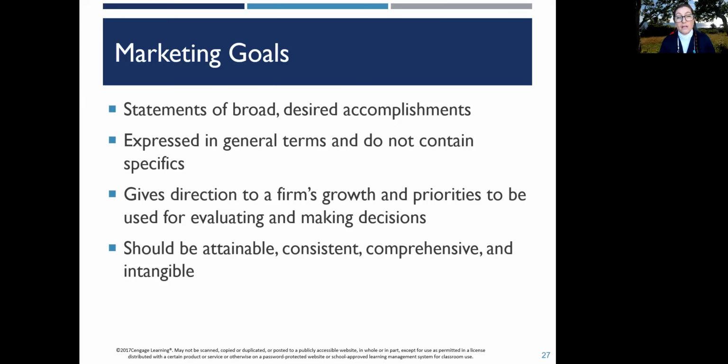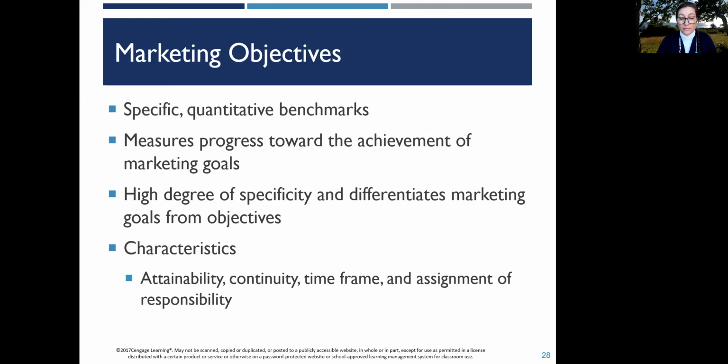They're expressed in general terms and are not specific, but they give a direction, and they should be attainable, consistent, comprehensive, and intangible. Okay.